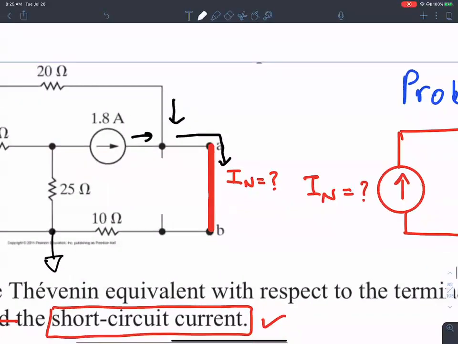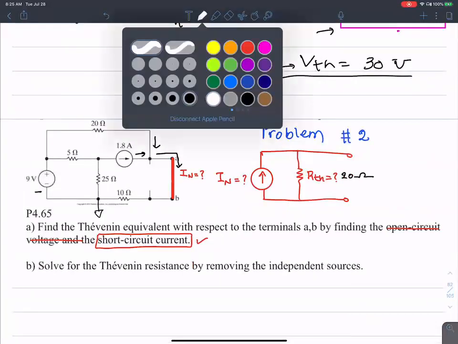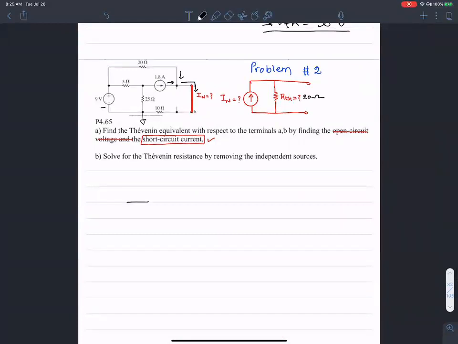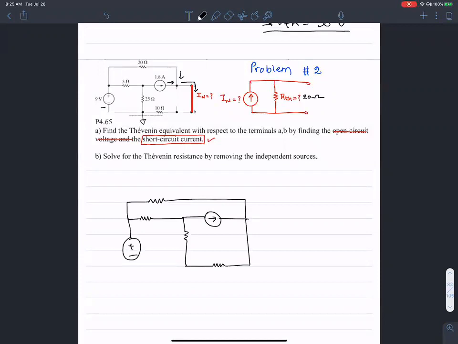from the circuit. Let me redraw this circuit just so it's easy for me to do the analysis. There is this 20 ohm resistance, 5 ohm, 25, 10, some current, 1.8 amperes, and there is this guy, and then the voltage source, plus minus 9 volts.